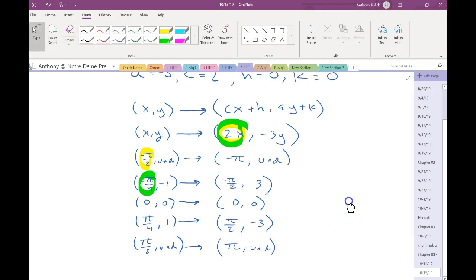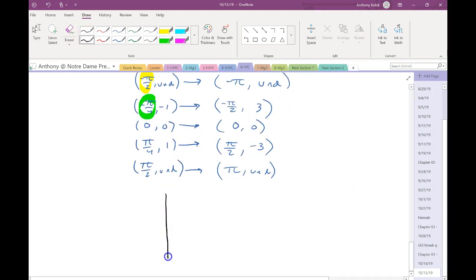So if we wanted to draw our graph, let's do pi over 2, pi, 3 pi over 2, 2 pi, and then maybe we'll graph it in both directions.